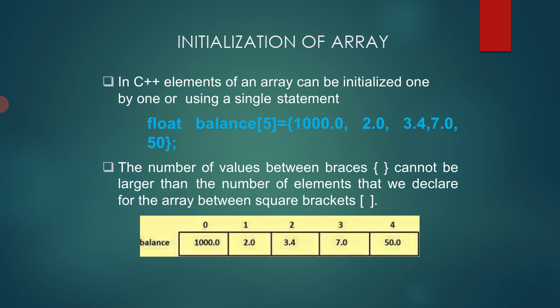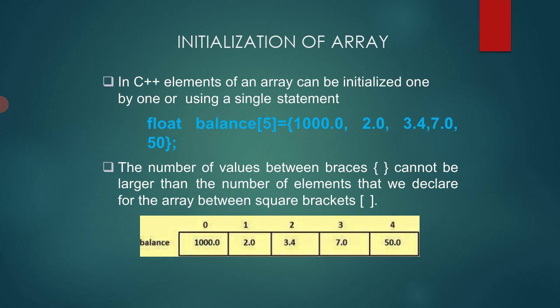Now look at the diagram given below, to see how these elements will be represented in the array. The size of the array is 5, so the index numbers are 0, 1, 2, 3, 4, and every element is stored in a consecutive memory location. So the location of 1000 is 0, whereas the location of 50 is 4.